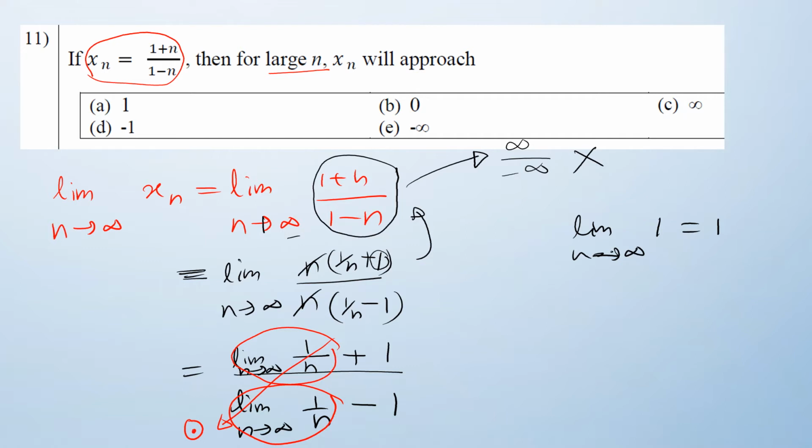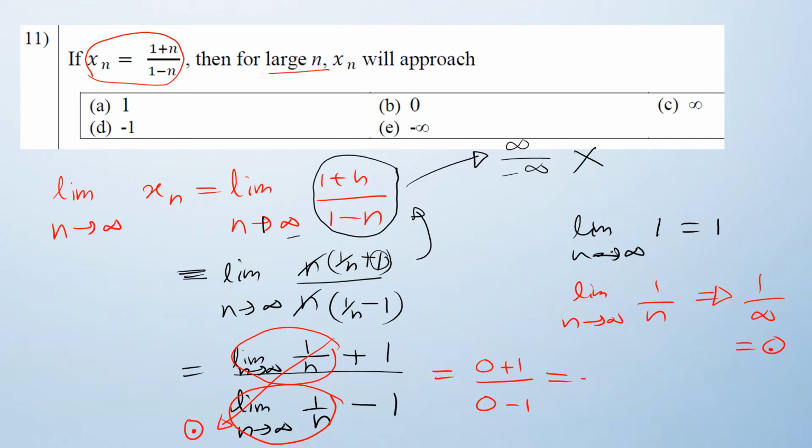Because just imagine what will happen when we take the limit as n goes to infinity of 1 over n. In that case, when we replace n by infinity, we will have 1 over infinity, which equals 0, obviously. So we can replace the values. Since we do not have any undefined term, we have 0 plus 1 for the numerator, and for the denominator 0 minus 1.